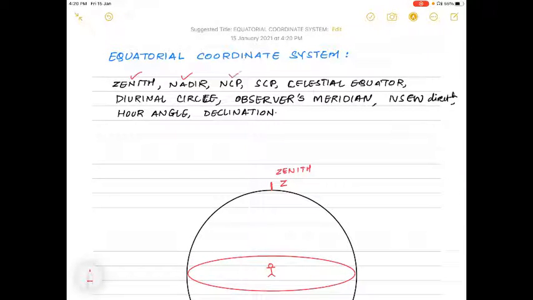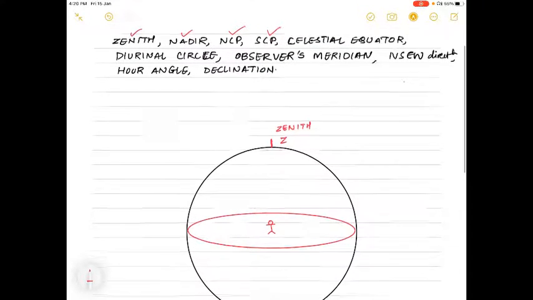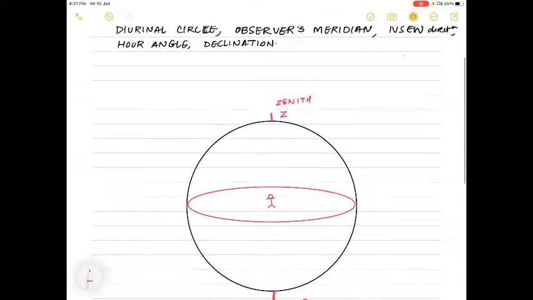The second thing we have to find out is the north celestial pole and the south celestial pole. Depending upon the position of the observer on the surface of Earth, we have to define the north celestial and south celestial poles. If the observer is at the north pole of the Earth, then the north celestial pole will coincide with the zenith of the observer.